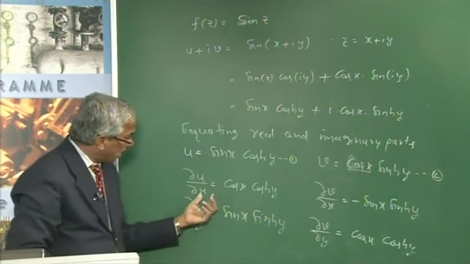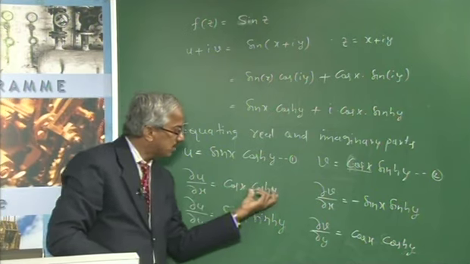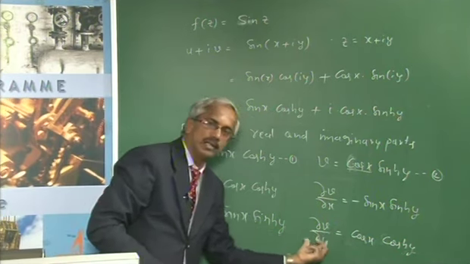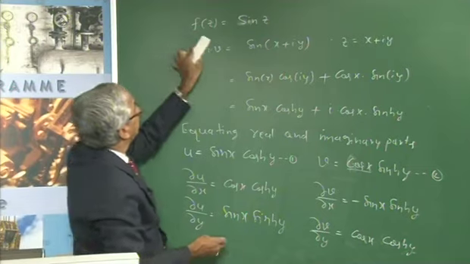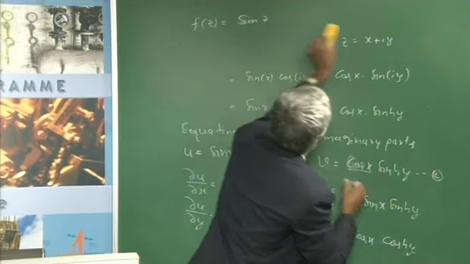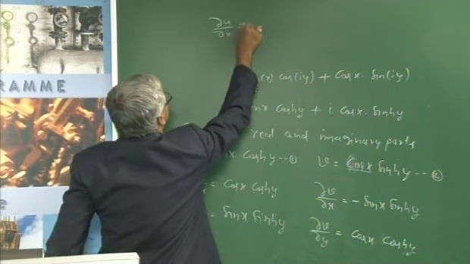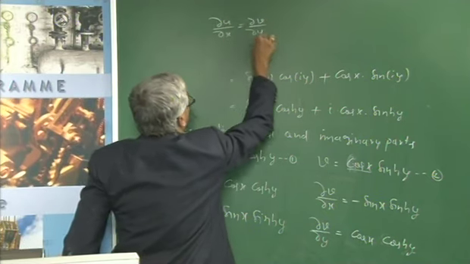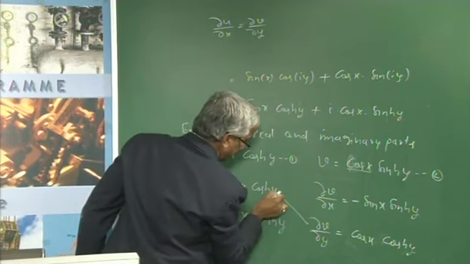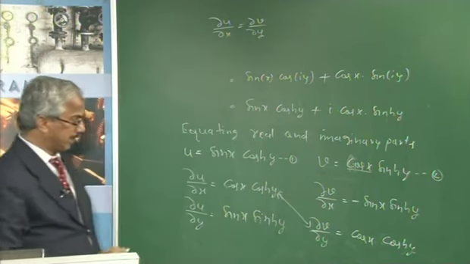So dou u by dou x equals dou v by dou y, and these two relations satisfy this condition.